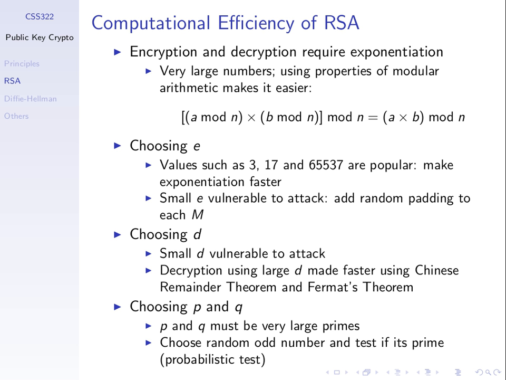There's no easy way to select a large prime number, so the approach is to test if it is prime. In most cases, if you do enough tests to check if it's prime and you find that it's not composite, then you assume it's prime. So again, there are ways to do that. And that, I think, finishes RSA.